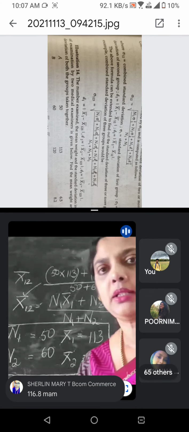According to the formula, it is the square root of n1 standard deviation 1 squared plus n2 standard deviation 2 squared plus n1 d1 squared plus n2 d2 squared, by n1 plus n2. So all the details you have, except for two things that are quite new there. What are the two details that you have to calculate from the formula?